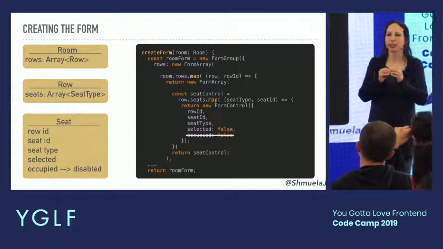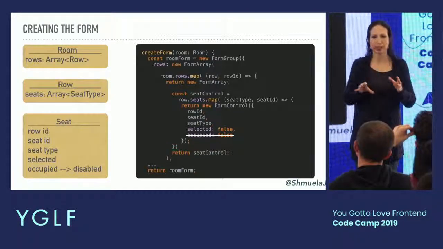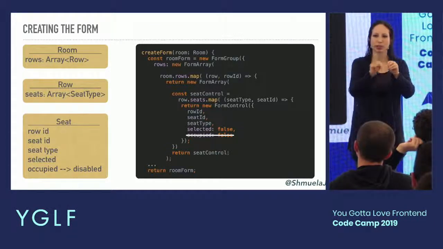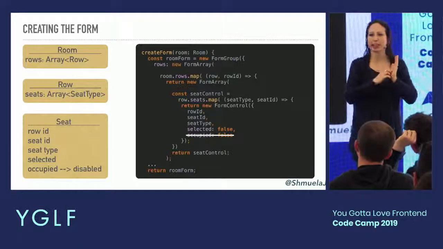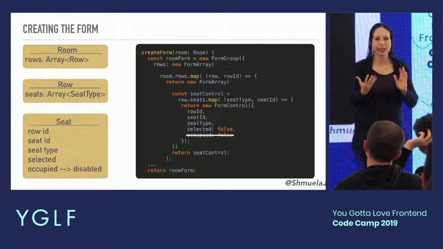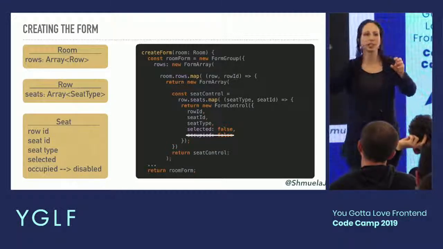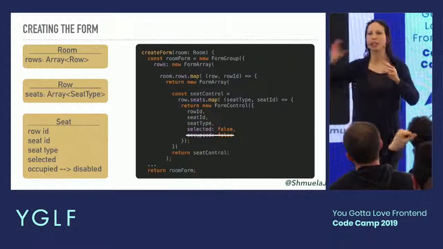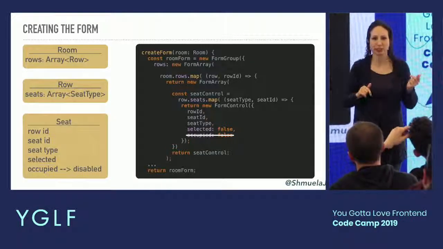But I find it very useful to have all this information in my form control, in the seat, so that whenever anything happens to the seat, maybe I need to validate it or disable it, I have all its data in one place, and I don't have to find out what index it is in this form array and then map it to the seat ID or something like that.